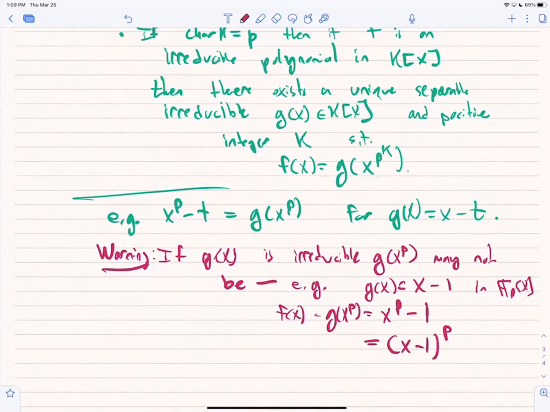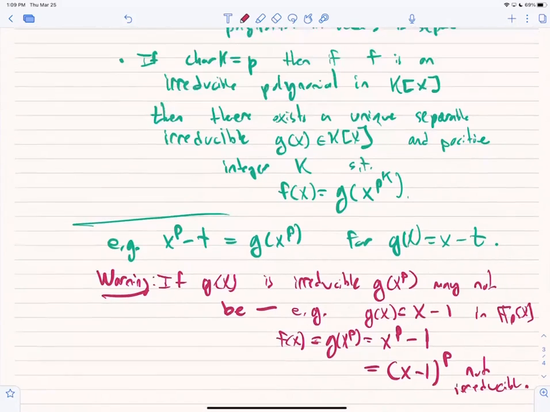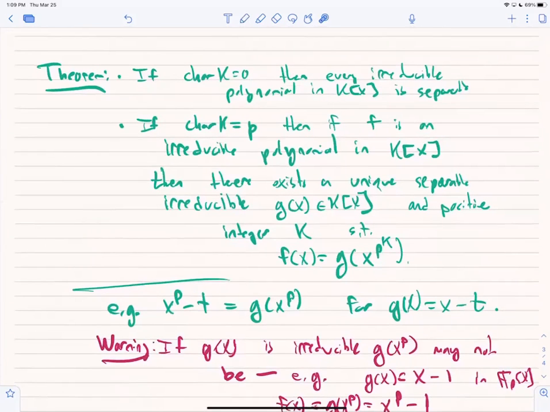And the statement is not that anytime you have an irreducible polynomial, if you substitute in x to the p, you get an irreducible polynomial, which is now not separable. The statement is rather that if you have an irreducible polynomial, then it always comes this way.